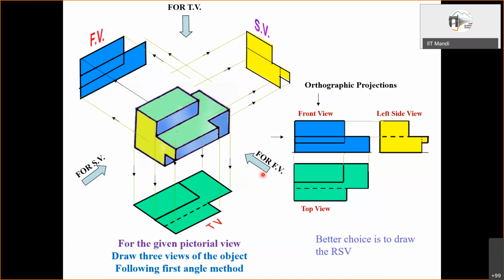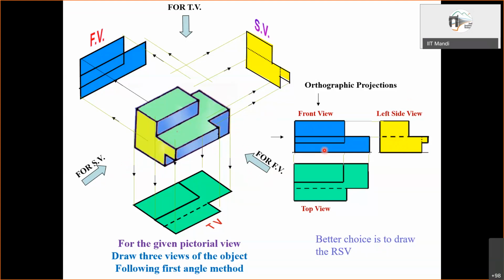If I consider the front view from this side, the bigger dimensions are visible in this direction only. Wherever you place the front view, you will place the other views in correspondence to it. So if it is taking up maximum dimensions, then the rest will take relatively less.